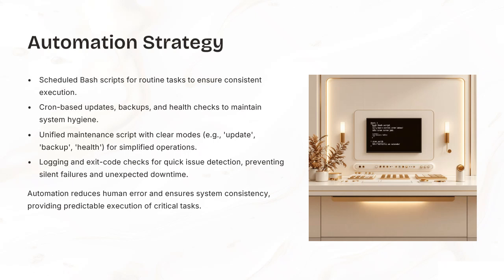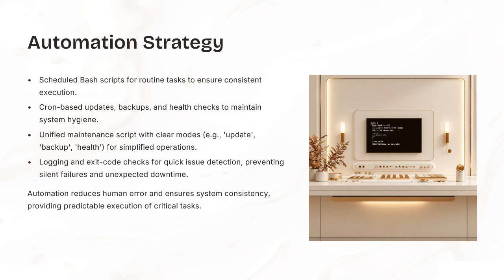We've ensured that routine tasks are automated using Bash scripts and scheduled with cron jobs. We now use a unified script to handle multiple modes, such as updates, backups, and health checks, so our administrators can have a single, predictable workflow and predictable results as well.